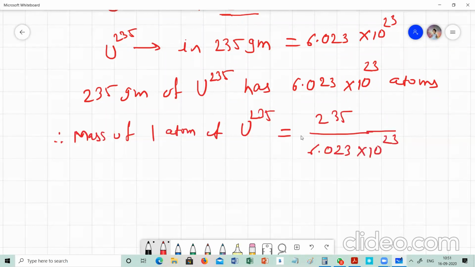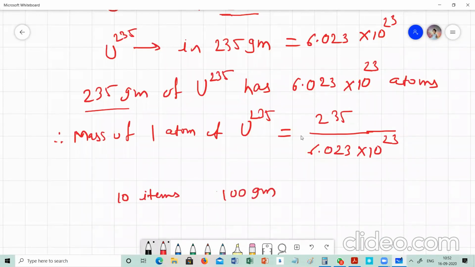Is it clear? If 6.023 into 10 raised to 23 atoms weigh 235 gram, then what is the weight of one? For example, suppose there are 10 items which weigh 100 gram.